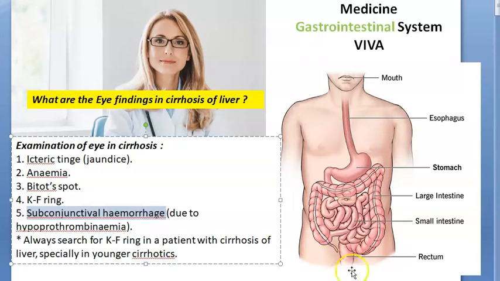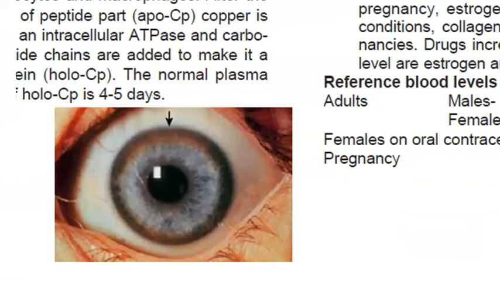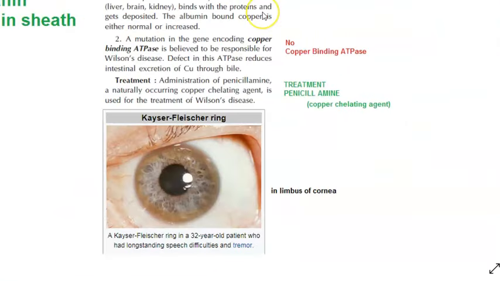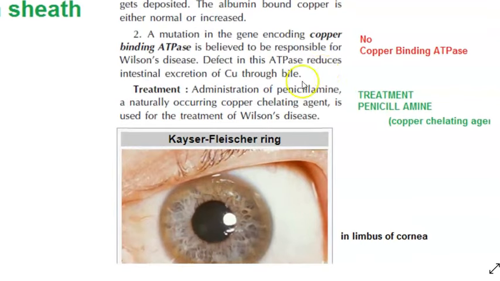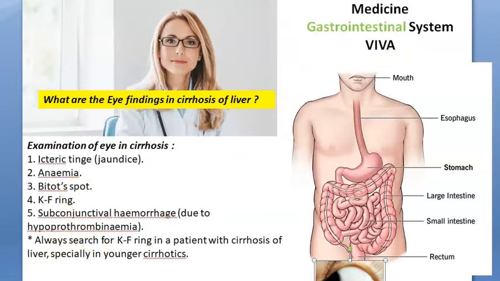All those signs we have to look for. Bitot's spots, xerophthalmia. You can see the KF ring here. The copper deposit is not in the iris, it is at the limbus of the cornea, in the Kayser-Fleischer ring. This is all happening because there is no ceruloplasmin which actually has to bind to copper. There is no ceruloplasmin, so all the copper is depositing in the eye, liver, etc.